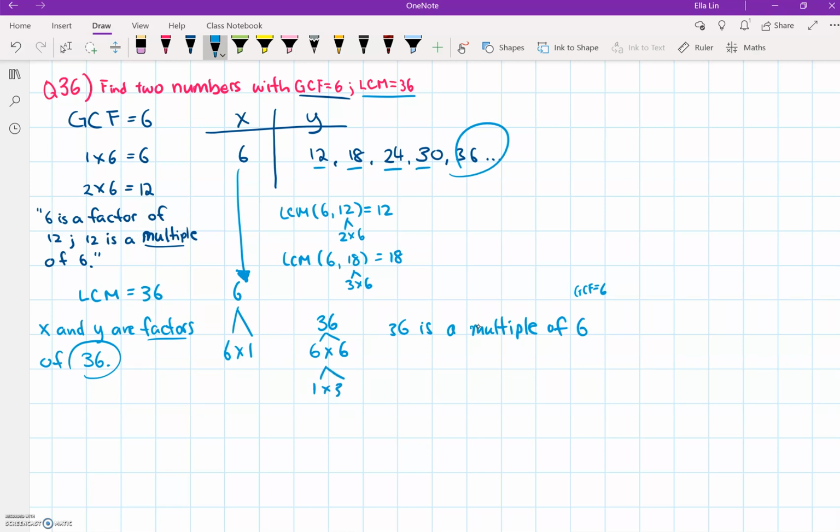And we know that 1 times 36 is 36. 36 is also a factor of 36 itself. So I think these are my possible numbers, but now let's try it out just to make sure.